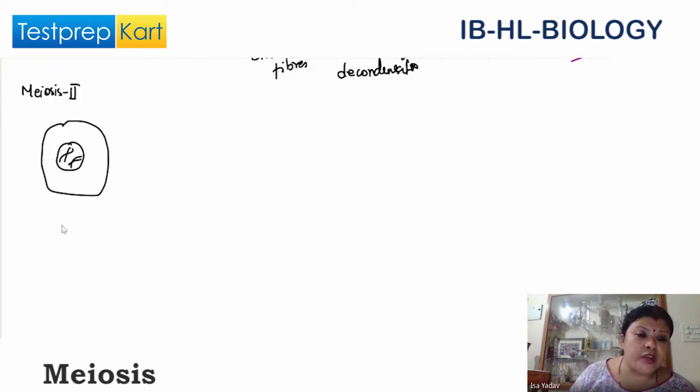Chromosomes consist of chromatids and they are in the condensed state. After that, the nuclear membrane and nucleolus will gradually disappear. This is prophase 2.